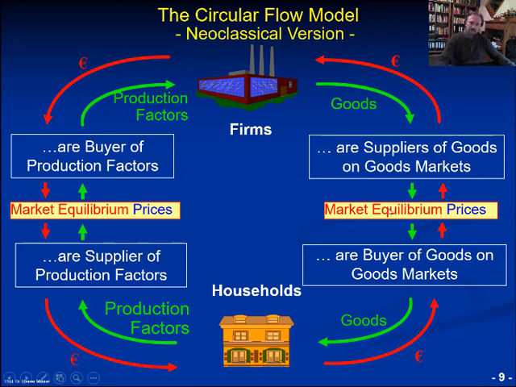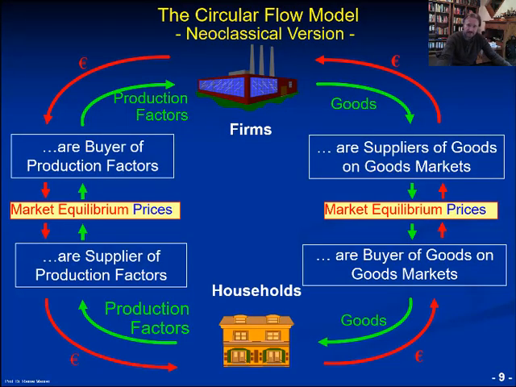So, prices are flexible, which means prices can adjust in a way to balance markets. For example, if there's a market for goods where demand of households is especially strong, such that we have excess demand for a short moment, then prices will immediately adjust, prices will grow, so firms will have an incentive to produce and supply more, while at the same time fewer households will demand the same good if prices are higher.